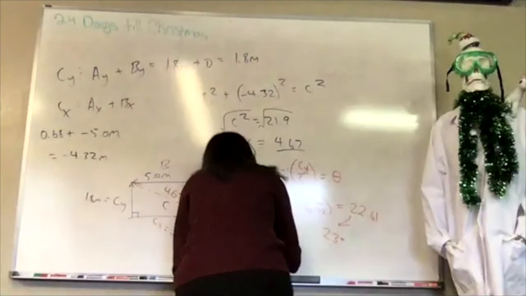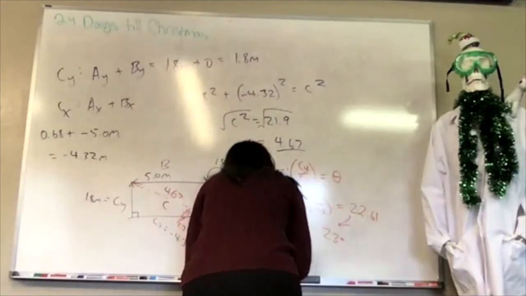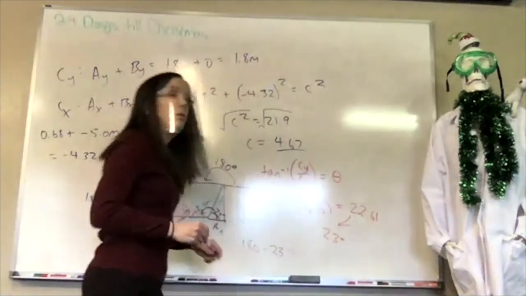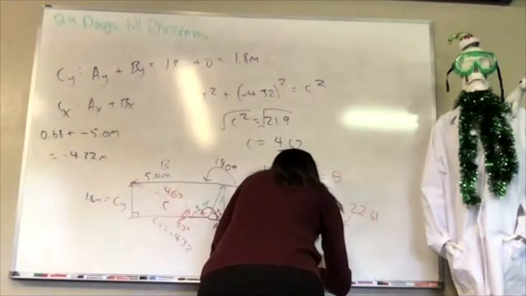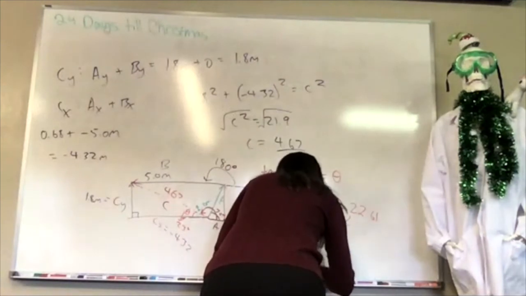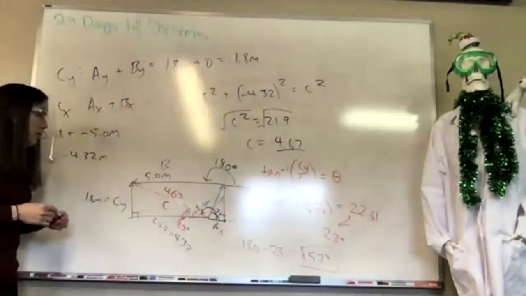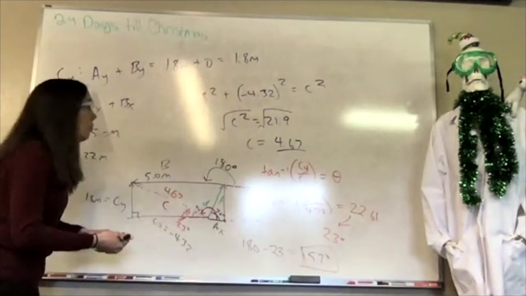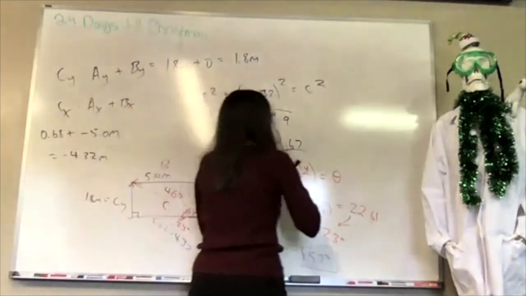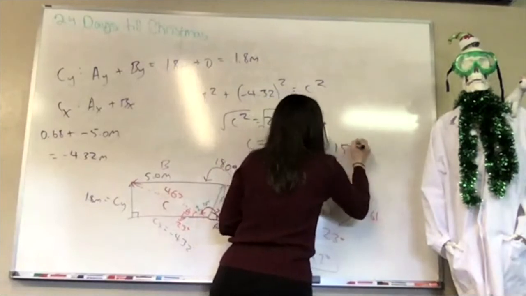So if we do 180 minus 23, what does that equal? 157. So the angle of your displacement is 157 degrees. So our displacement answer would be 4.67 meters at an angle of 157 degrees.